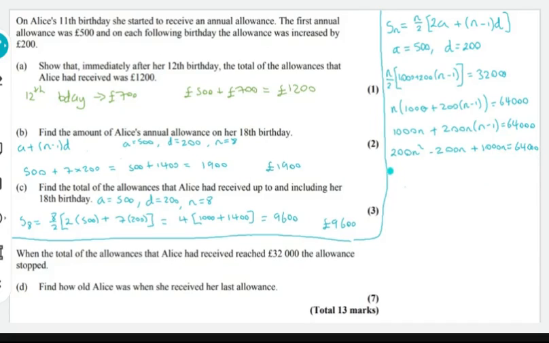Then simplifying, I get 200 n squared plus 800 n. I can take away the 64,000 as well: minus 64,000 equals 0. It's looking pretty quadratic. I divide by 200, I get n squared. Divide 800 by 200, I get 4 n. And if I divide 64,000 by 200, I get 320, so minus 320 equals 0.